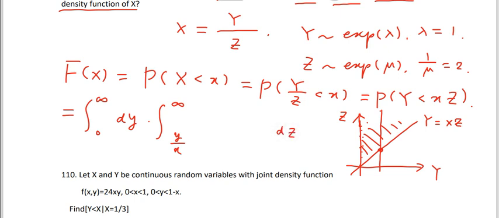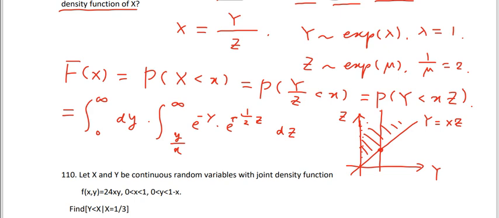So the density function for y and z is e to the negative y times e to the negative half z. So by now we just need to find this integration, and here x is fixed.